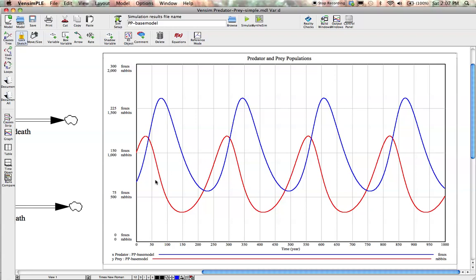They are oscillatory from the very beginning. At time 0, you have 100 foxes and 1,000 rabbits, and they start to interact. Then you can see this very interesting interaction in which, at the very beginning, both species can grow, the foxes and the rabbits, because they have an intrinsic growth.